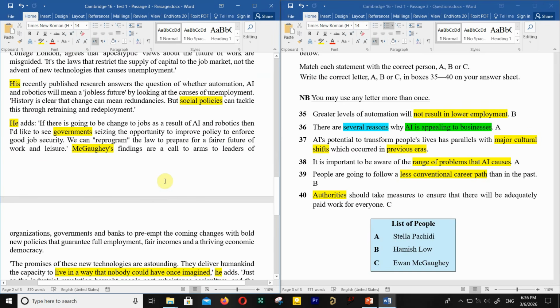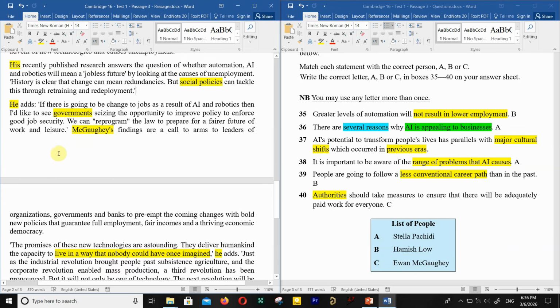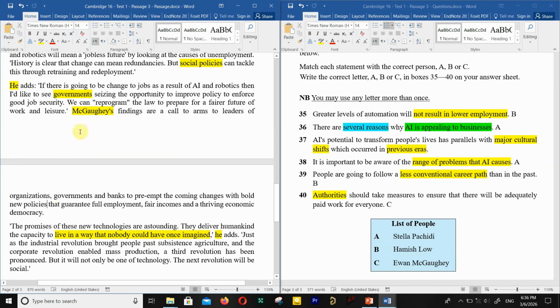Okay, now here we have, and here it says that McGaughey's findings are a call to arms to leaders of organizations, governments, and banks to preempt the coming changes with bold new policies that guarantee full employment, fair incomes, and thriving economic democracy. These are all the major cultural shifts. So this one is C.